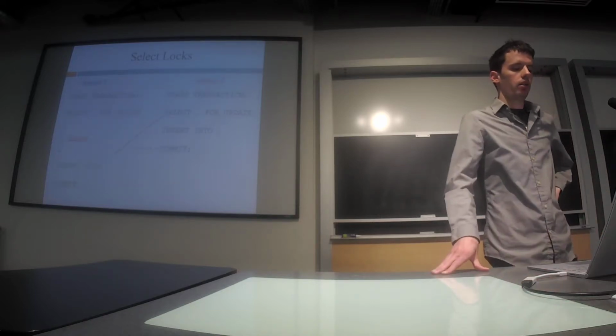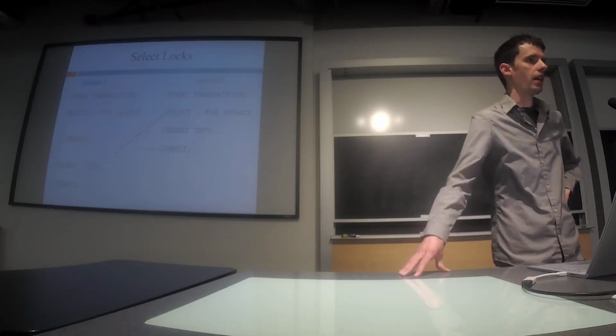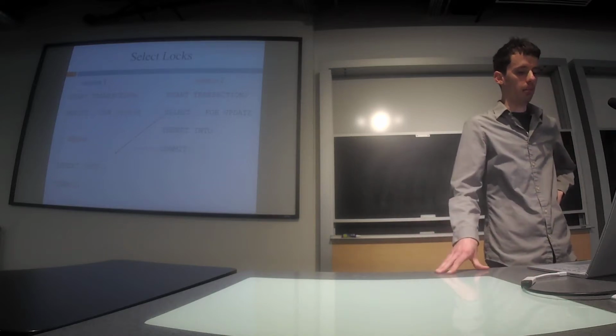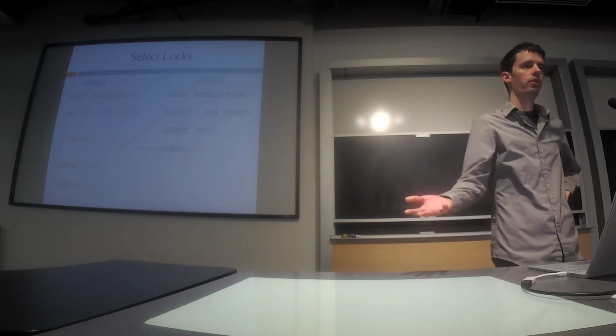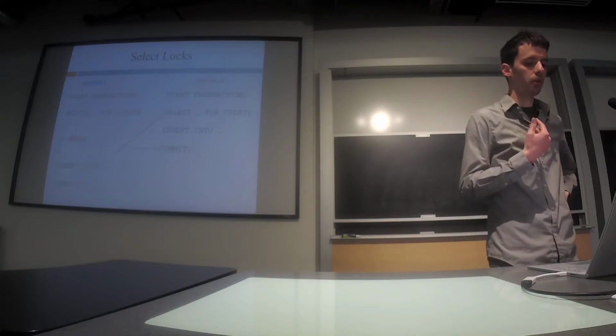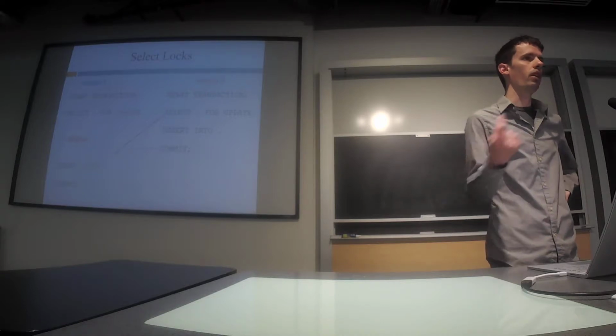So say I have session 1 and session 2 both running exactly the same transaction. So this is kind of like the library checkout transaction. They both start their transaction at the same time. They both try to do select for update at the same time. One of them succeeds.